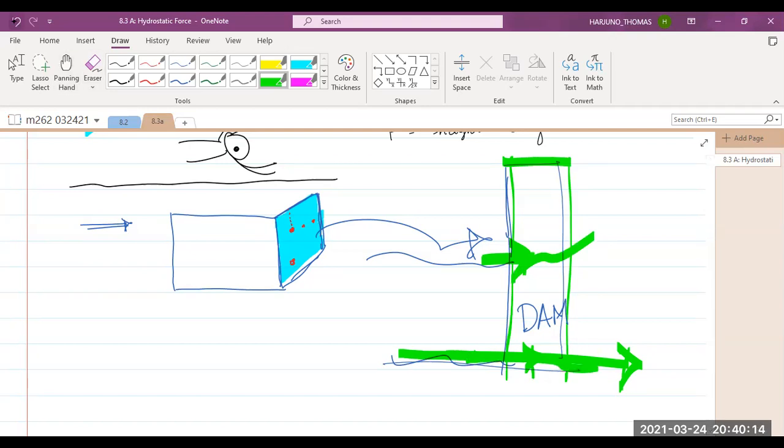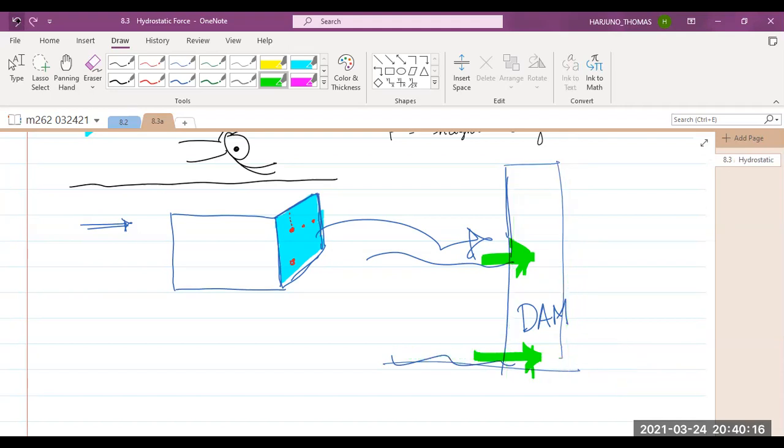That's why, when we construct a dam, the other day I spent some time looking over the 10 largest dams in the world. I think the largest one right now is in Brazil. The second largest, I think, is in China, the Three Gorges Dam.